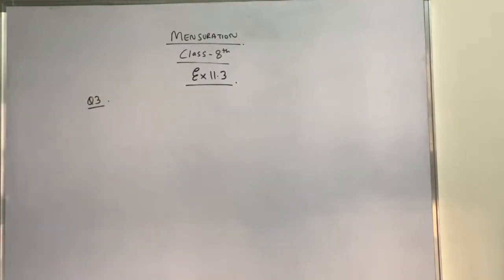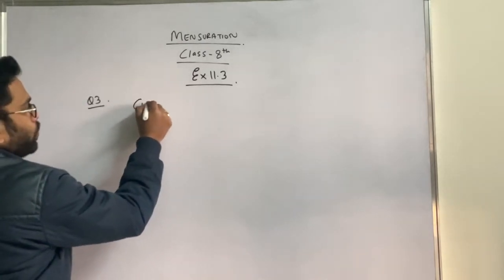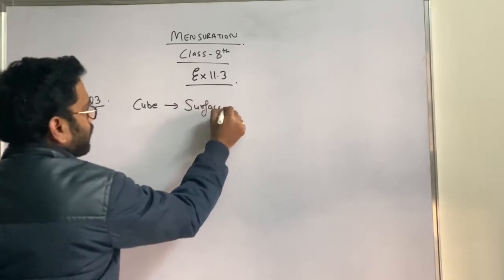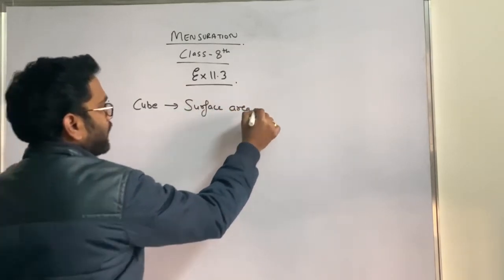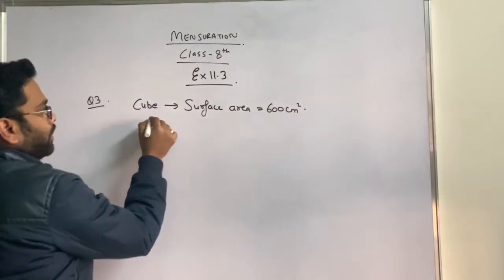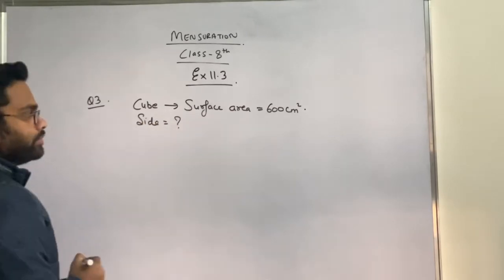So a cube is having surface area equal to 600 centimeter square. You have to find out the side of the cube.